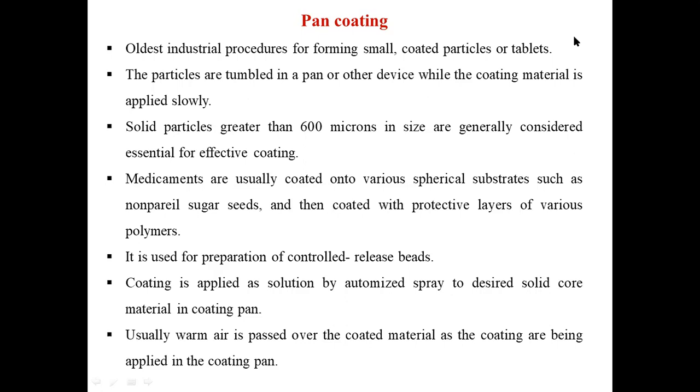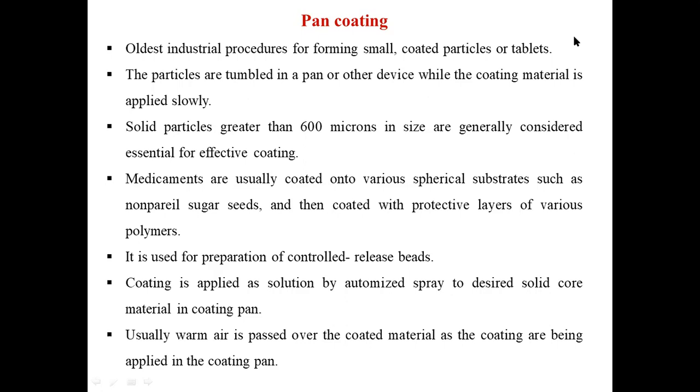In practice, the coating solution is applied as an atomized spray to the desired solid core material in the coating pan. The same process that we have adopted for tablet coating uses conventional pans. In that conventional pan, a perforated pan is mounted on a specific stand, connected with a motor, and rotated on a horizontal axis.